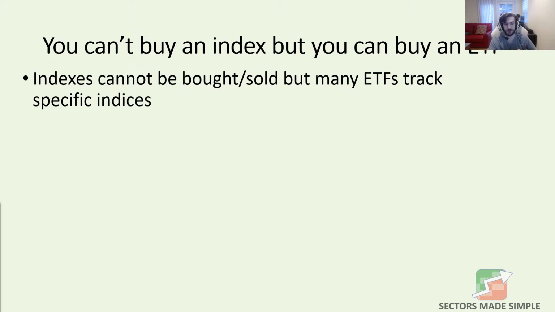I'm going to go through a couple of examples right now. The S&P 500, there is SPY, VOO, and IVV, belonging to different groups. There are different companies that manage these portfolios.